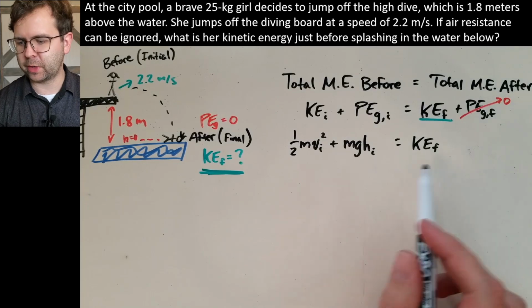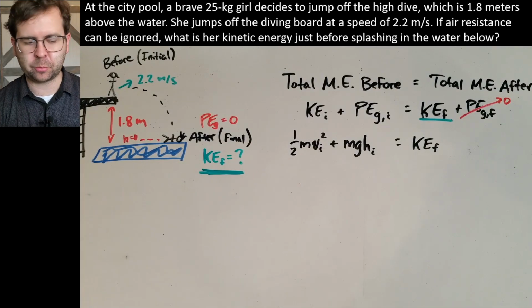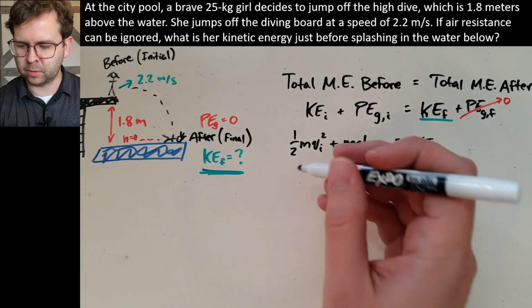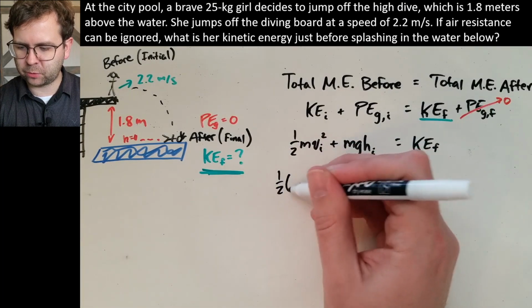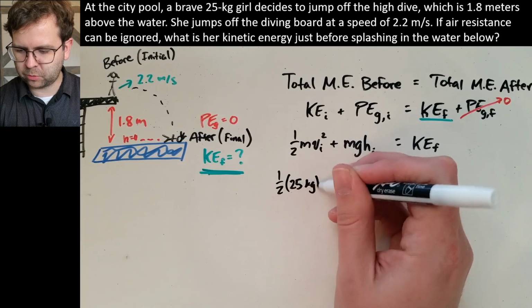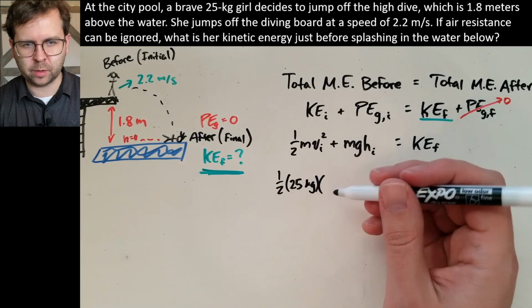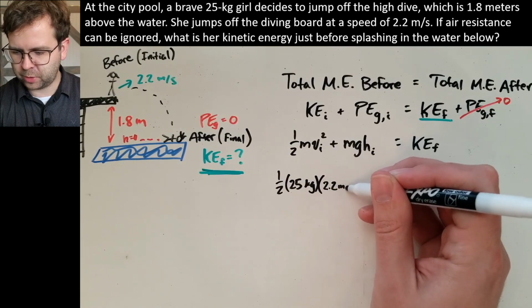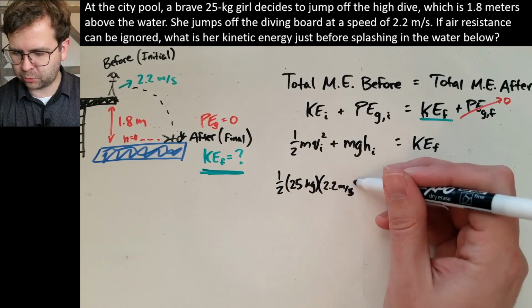So to find the final kinetic energy, all we have to do now is substitute in these values for kinetic and potential energy, the mass and the speed. The mass of the girl was 25 kilograms. It does need to be in kilograms when you do problems like this in order to get your energy in joules. She jumps off with a speed of 2.2 meters per second.